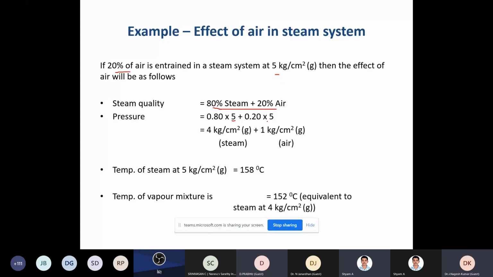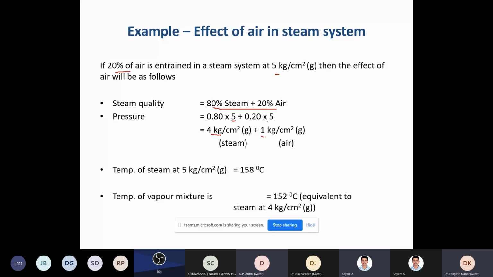Air also will be at 5 bar. So you get 4 kg plus 1 kg. If you go by the partial pressures of the total 5 kg, steam is contributing to only 4 kg and air is contributing to 1 kg.